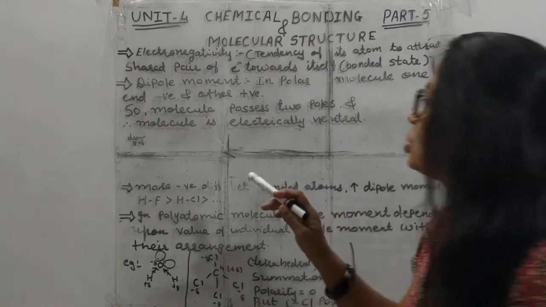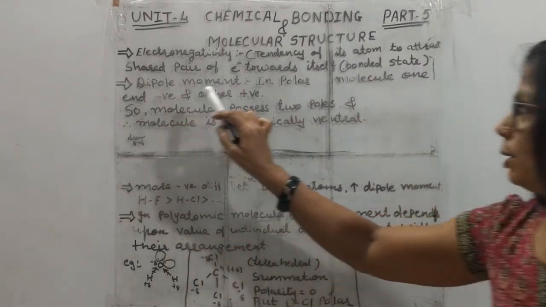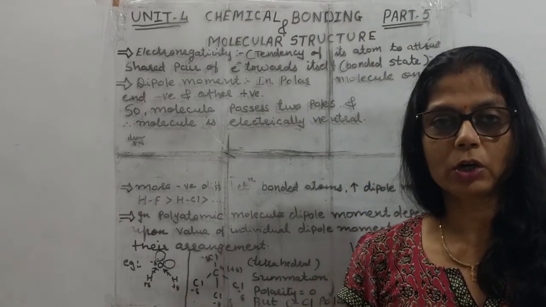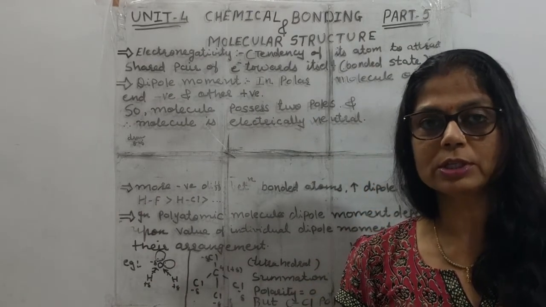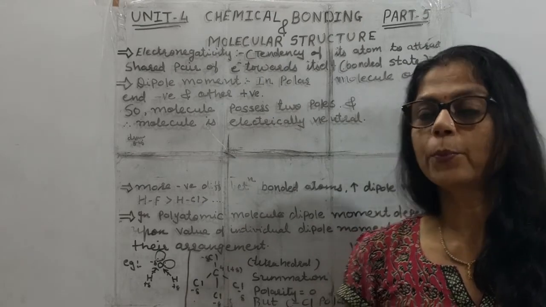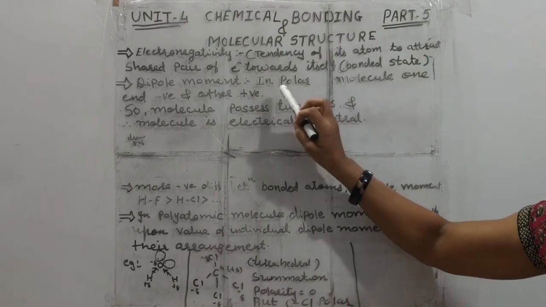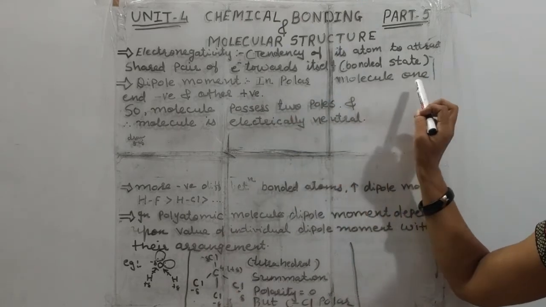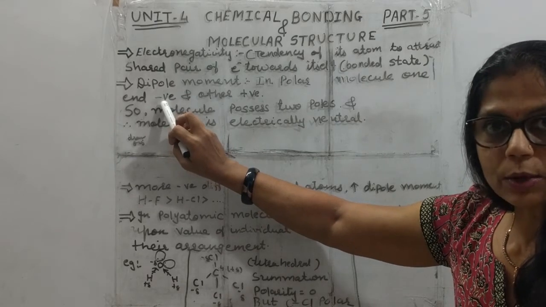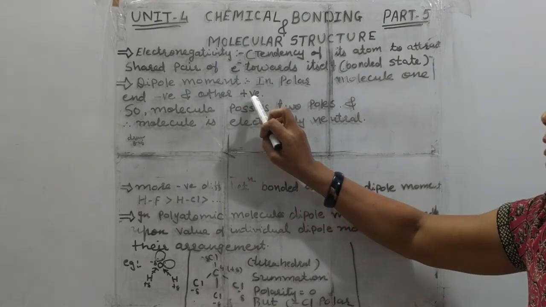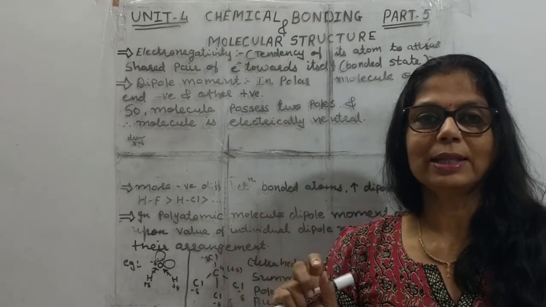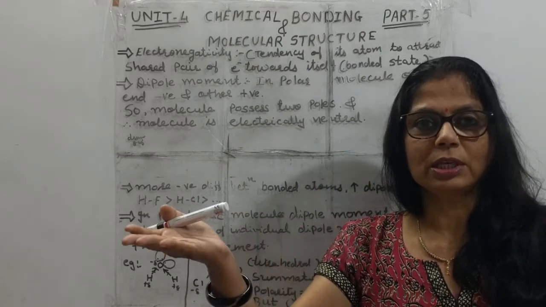Now the next one is the dipole moment. Dipole moment means here I talked about the two poles. Two poles are always present in a polar covalent bond. So in a polar covalent bond or polar molecule, one end is electronegative while the other is electropositive.